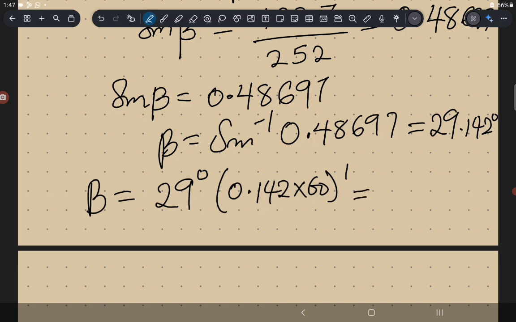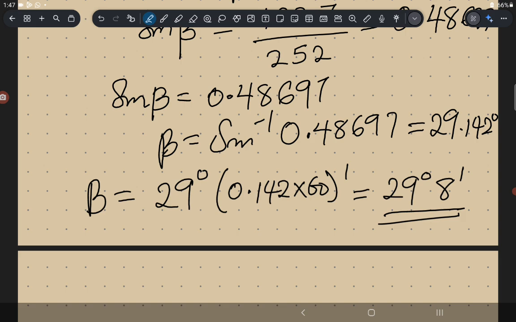When you have to convert to degrees, you divide. But the moment you have to convert to minutes, you multiply. So we have 29 degrees 8 minutes. By the time you multiply it, it gives you 8.4, but we have to stop there.